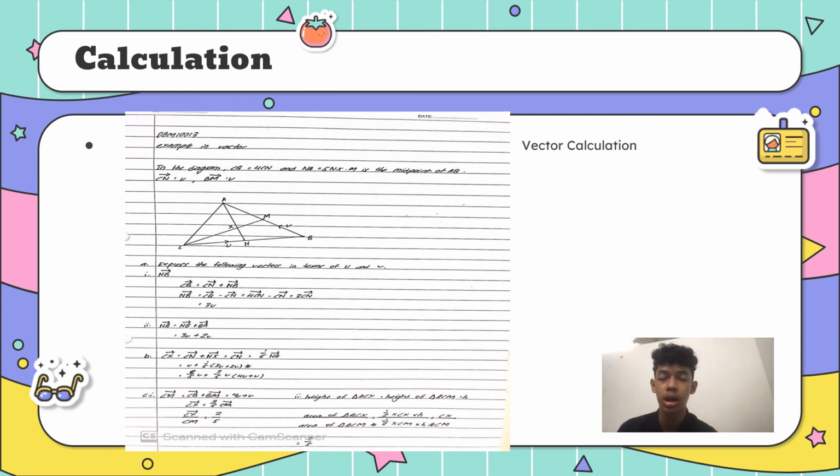So we can use the area of triangle ACX over the area of ACM, which equals 1 per 2 multiply CX multiply h over 1 per 2 multiply CM multiply h. So we can get CX per CM. So CX per CM is equal to 2 per 5. That's simple. Okay, that's all for me. Thank you.